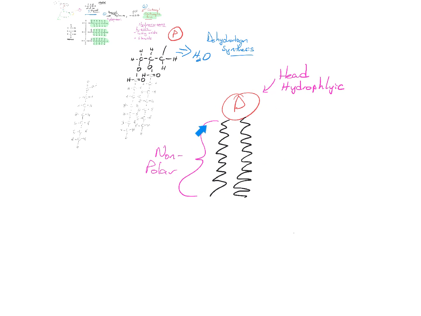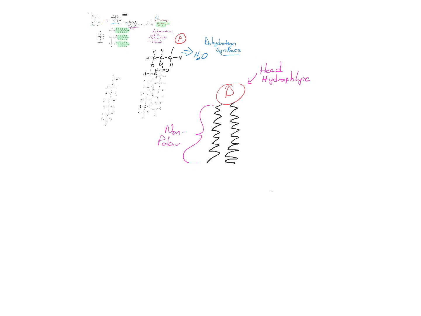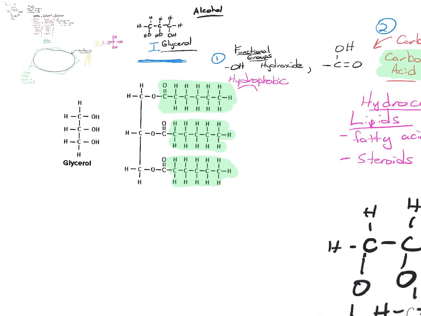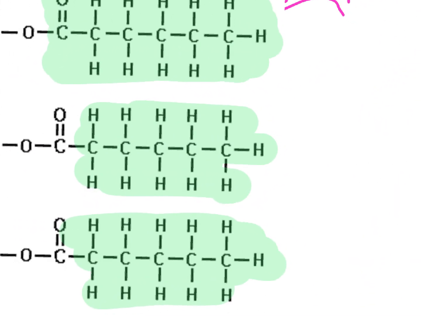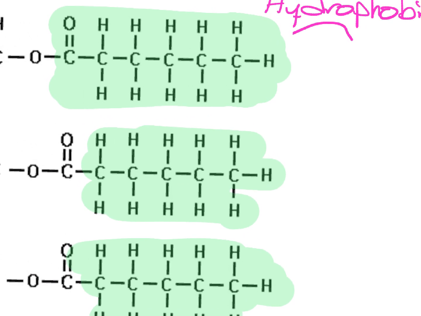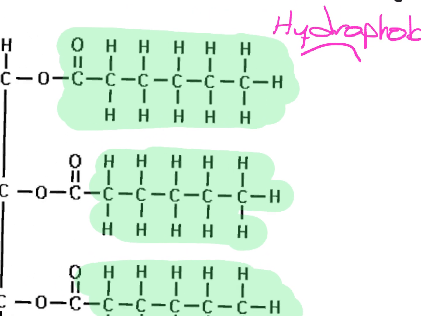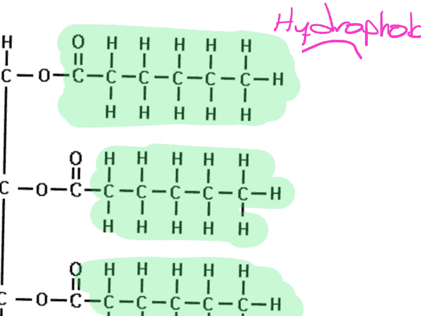So this is a phospholipid. This is the one exception with lipids not being made mostly of carbon and hydrogen. Not carbon and oxygen. Why did I not say carbon and oxygen? Take a look at this schematic. How much oxygen is in these hydrocarbons? Not a lot. Especially if the carbons turn out to be 20 or 30 long.